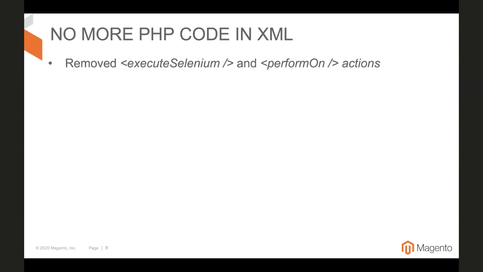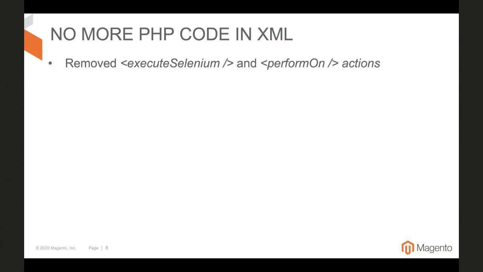We had several usages of these actions. We don't like them because we had a couple of bugs with these actions. First of all, we had a bug with how we put quotes for strings and arguments, so it's not very easy to transpile this from XML to PHP, and some of those functions are not really readable and understandable for everyone.